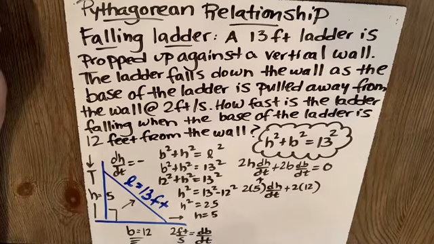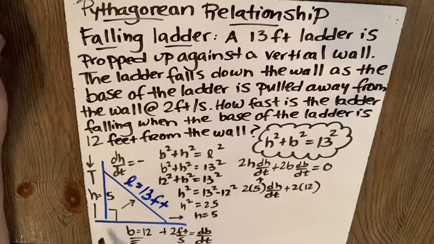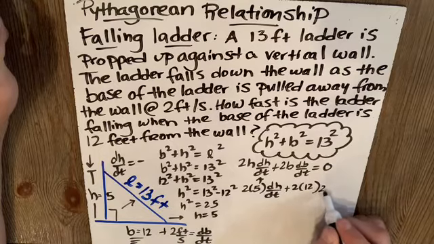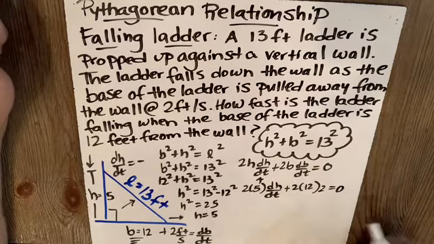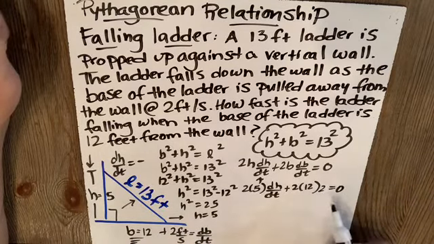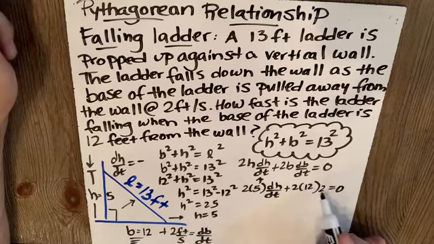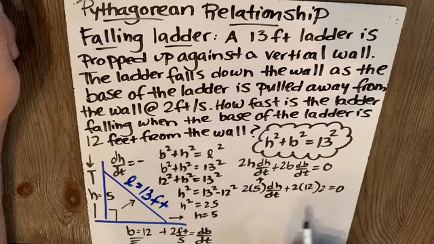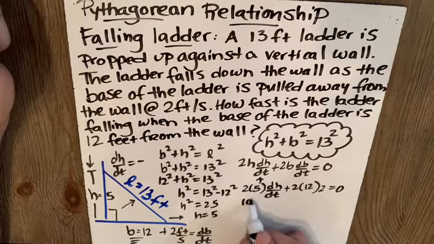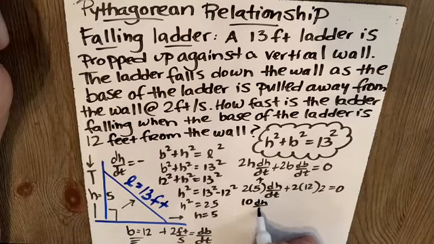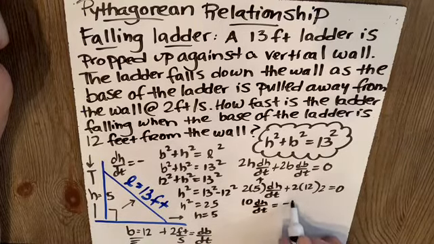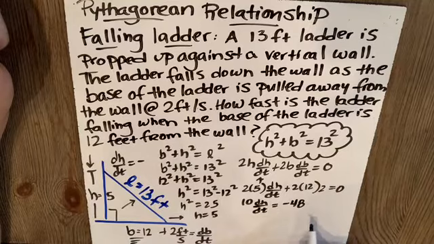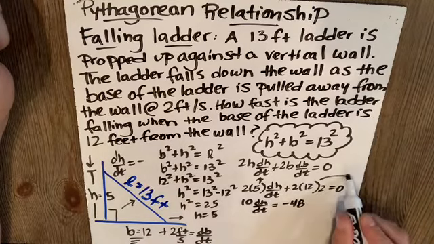Well, look, we have positive 2 feet per second because our base is increasing, so times 2 equals 0. So I'll move this to the other side. 2 times 2 is 4 times 12 is 48. So I get 10 dH/dt is equal to negative 48 when I move this to this side.